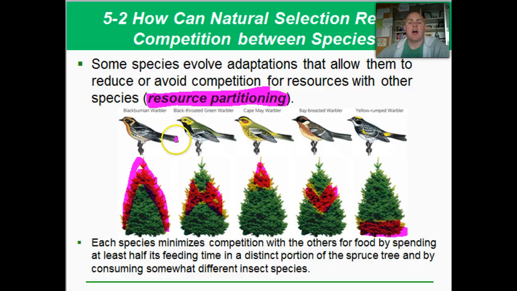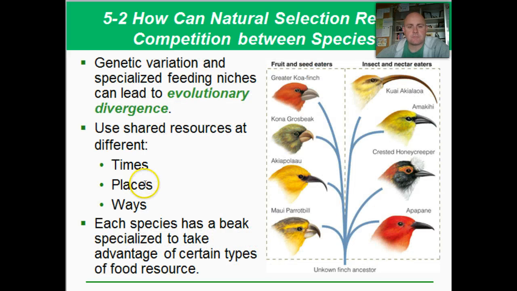And so one way to avoid the competitive exclusion principle, where one will lose out, is to partition up the resource and only use parts of it. That will allow you not to have competition. And when you do that, a lot of times it will lead to this idea, which is called evolutionary divergence, where creatures that were once of the same species or similar species start to become better adapted to certain things to avoid competition.